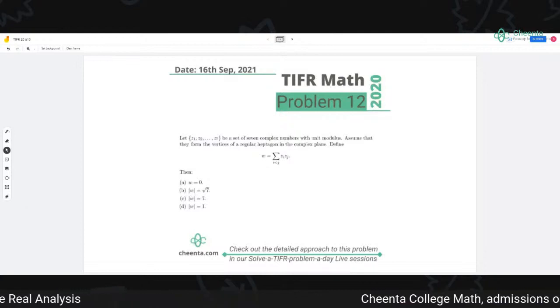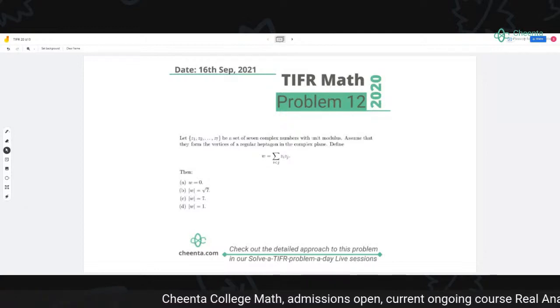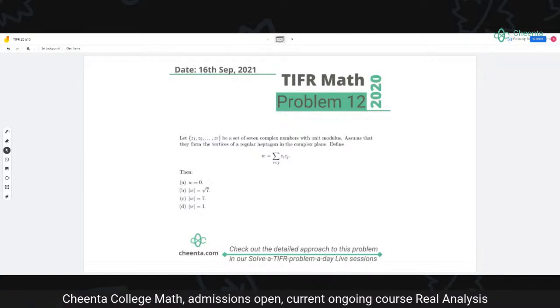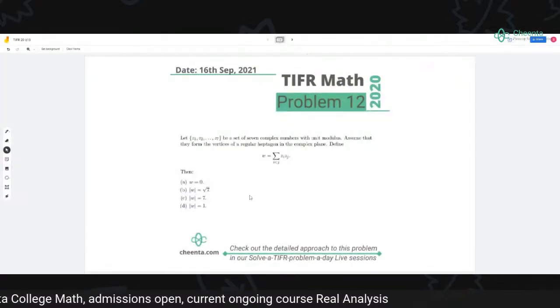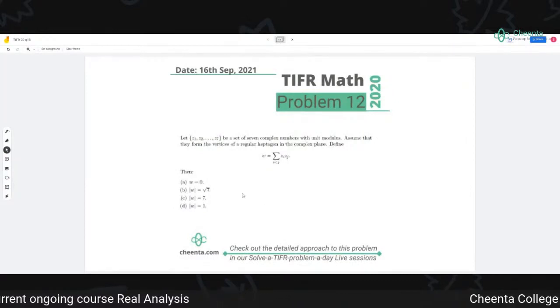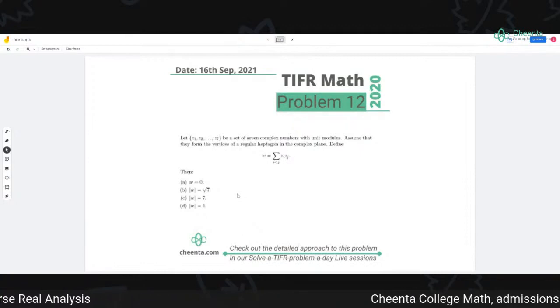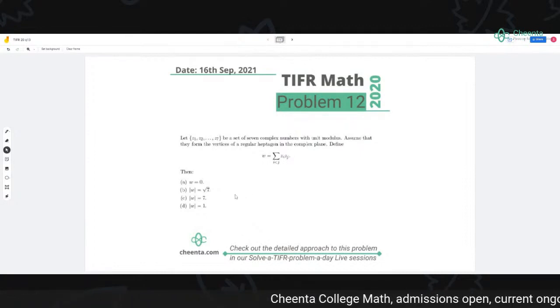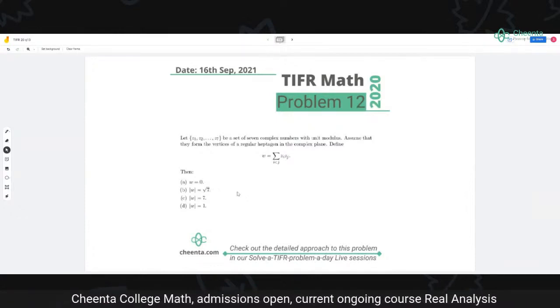So the first hint that this problem throws at us, if you look at the problem, it says: if zeta is a set of 7 complex numbers with unit modulus, assume that they form the vertices of a regular heptagon.